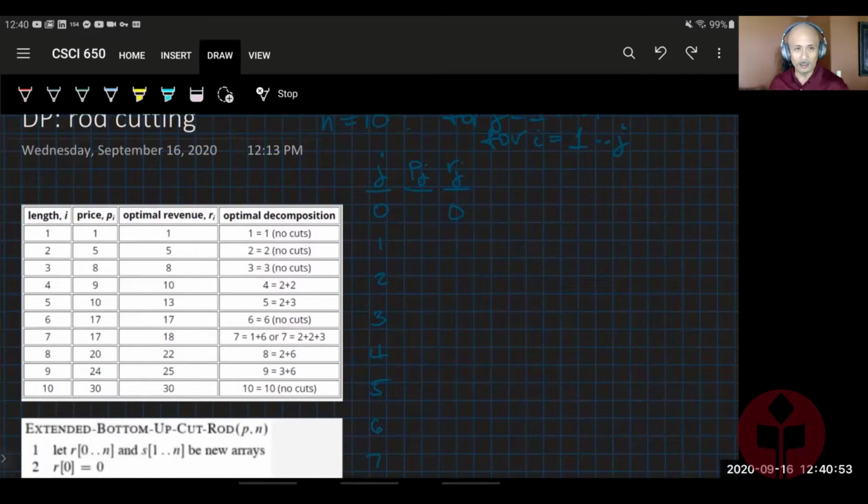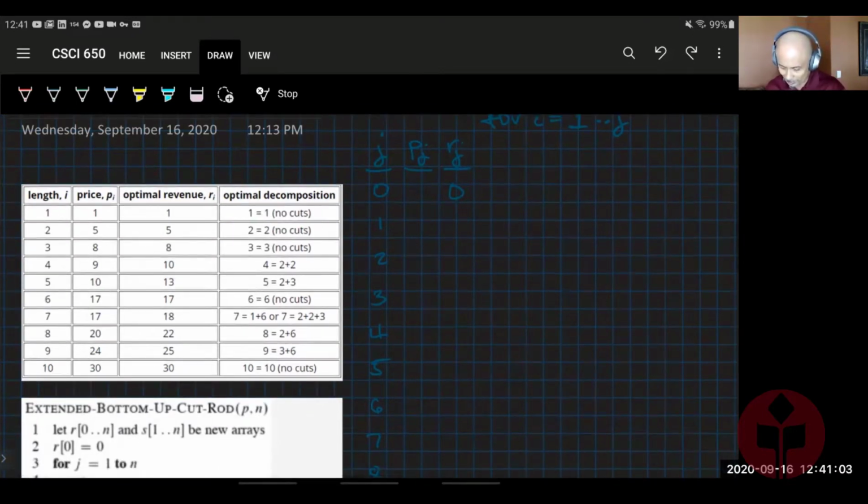So clearly the P values are already given to us because that's part of the input. That's the first two columns of the table. So we're also going to go ahead and copy those over.